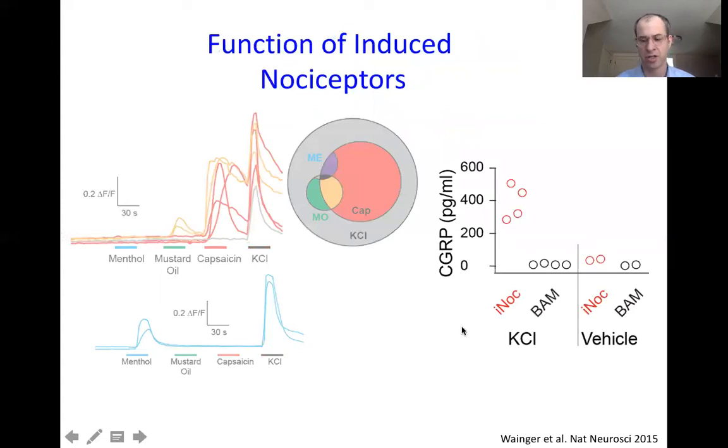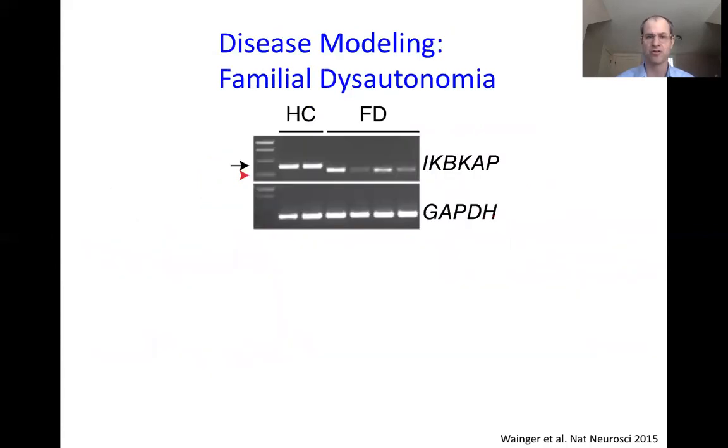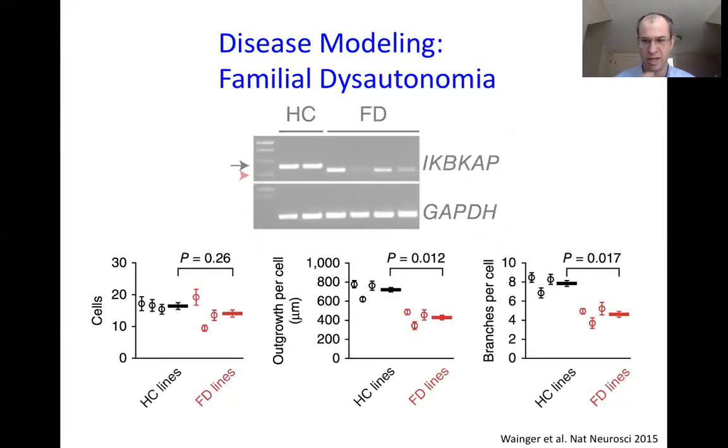These nociceptors also capture other key properties of bona fide nociceptors, including the release of peptidergic neurotransmitters like CGRP, whereas neurons that are made to be non-nociceptor neurons using this, which is an abbreviation for different transcription factors in the reprogramming, do not mediate CGRP release.